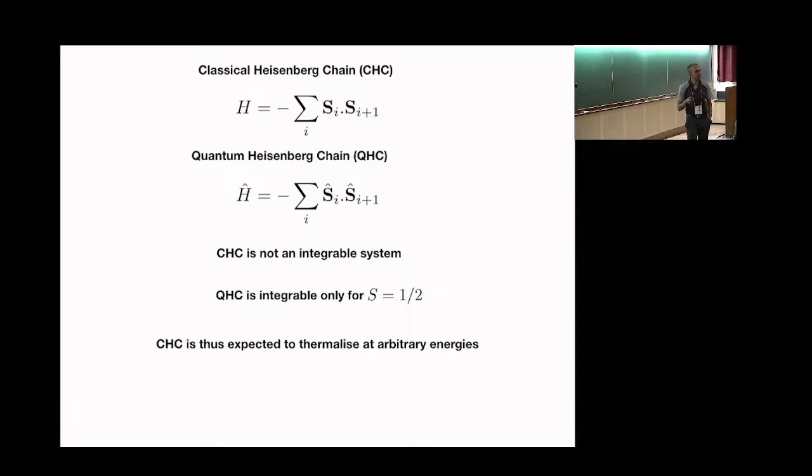It actually has an extensive number of conservation laws, whereas the classical system does not. So in some sense, the classical system is more generic, and the lack of integrability is also an indicator that it is likely to thermalize at arbitrary energies, which incidentally does not happen for the corresponding quantum system.